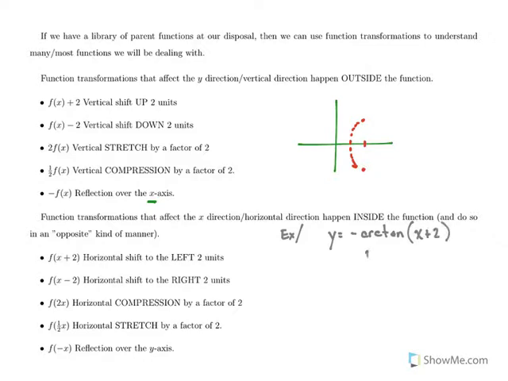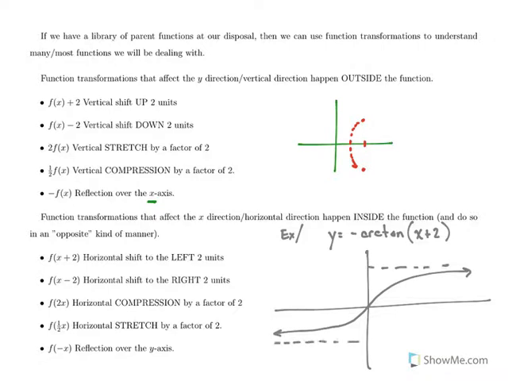So I know what my function arctangent looks like. It has some horizontal asymptotes. We just drew this on the previous page. And what I'm going to do with that is I am going to move it to the left 2 units.